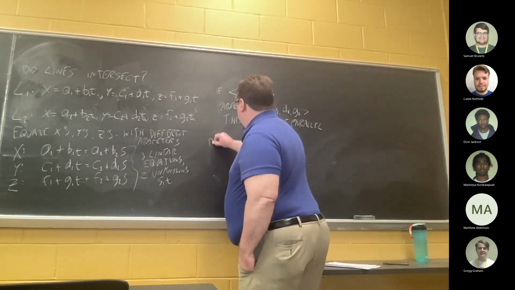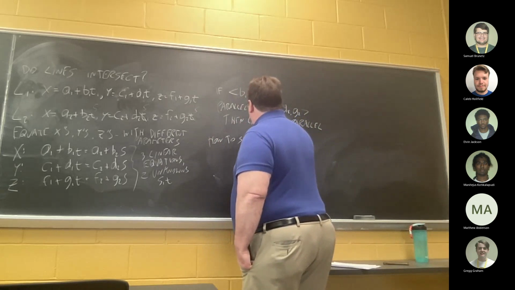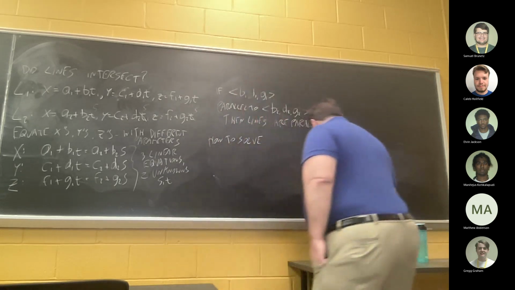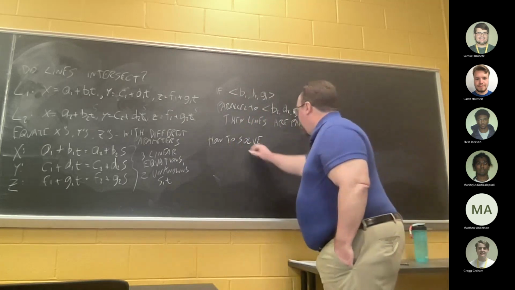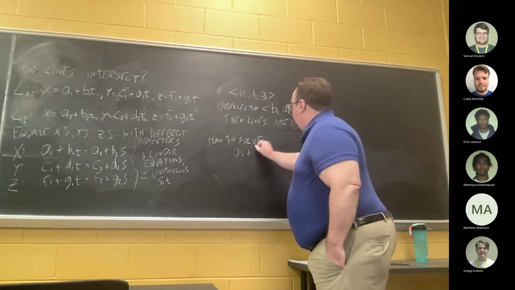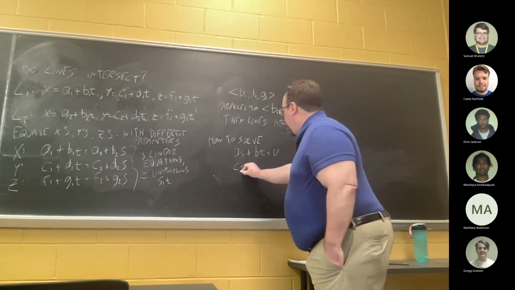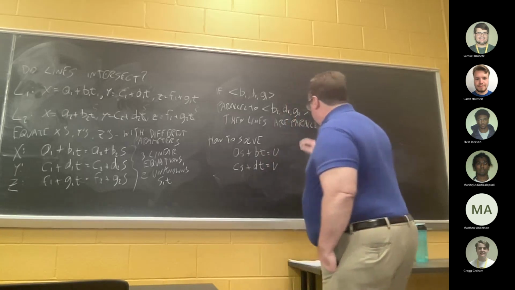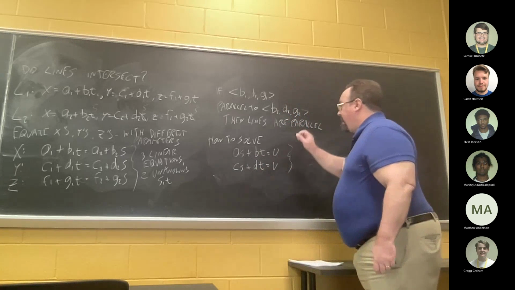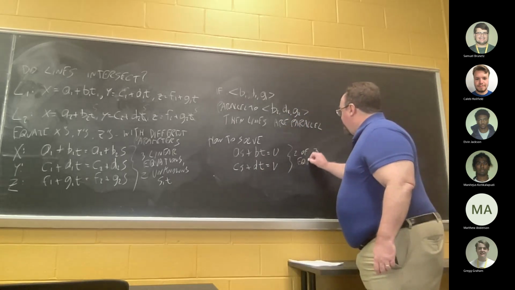So I'm going to focus on an abstract system of this form with unknowns S and T. aS plus bT equals u. cS plus dT equals v. So these are equations you would get from choosing any two of the three.